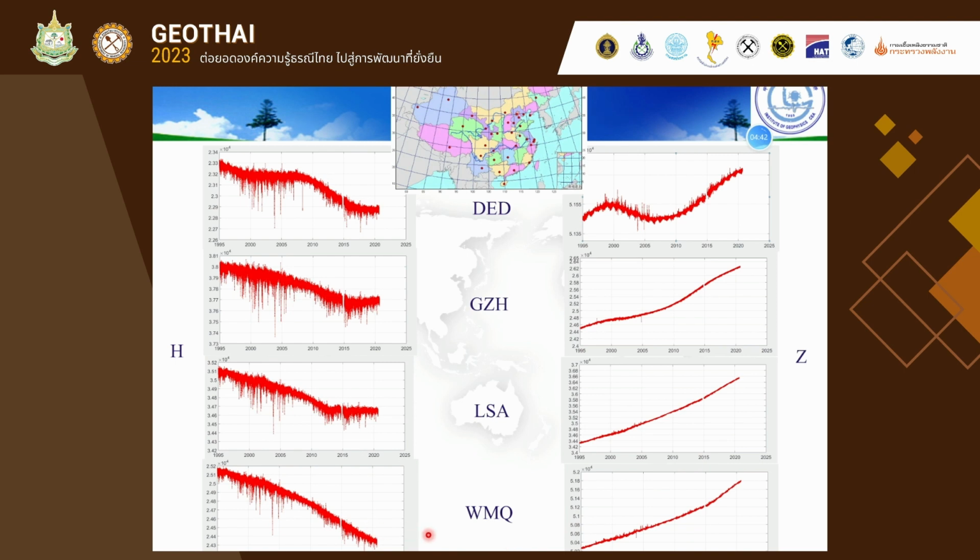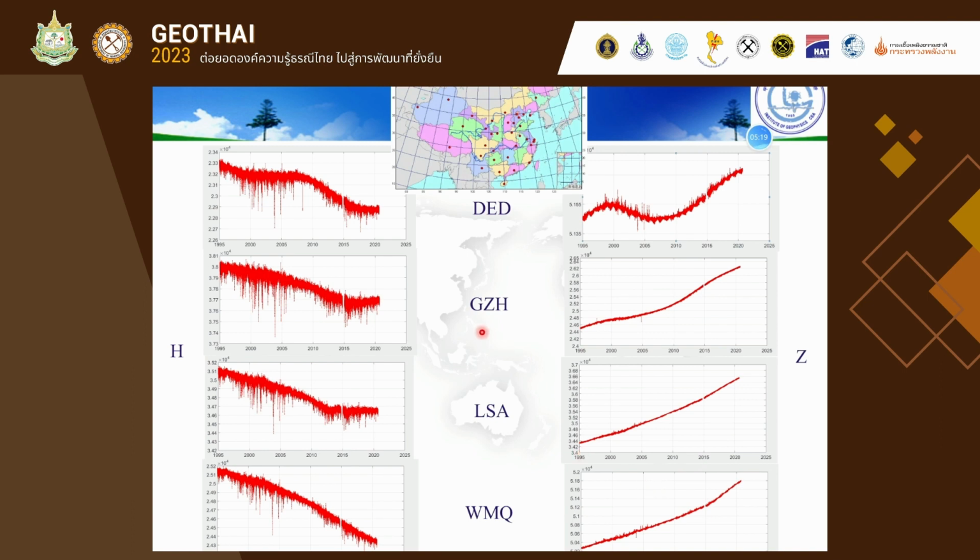The main character we can find is that even though these observatories are a long distance apart, they show a similar character of time series. For example, from Guangzhou to Lhasa to Urumqi, their vertical components increase directly, but there's still some little difference. For example, here and here.